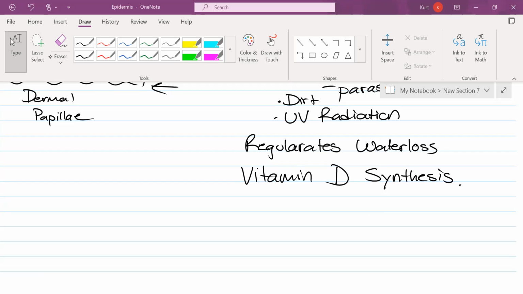Your receptors are basically sensitive to touch, pressure, pain, and temperature.